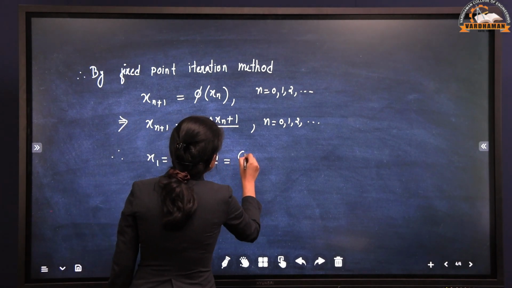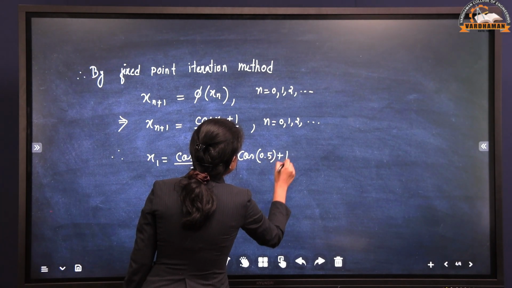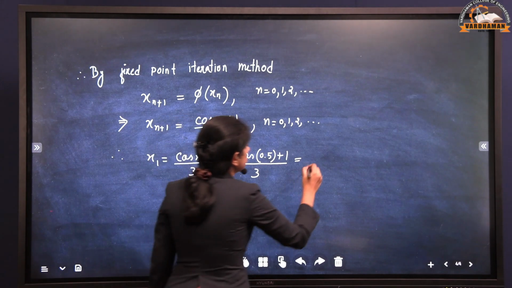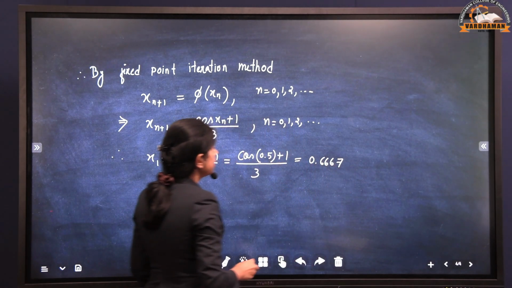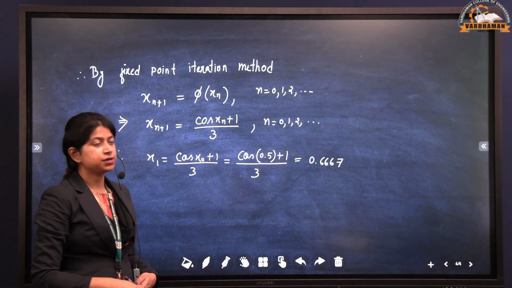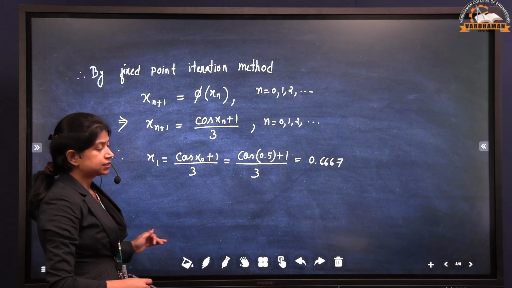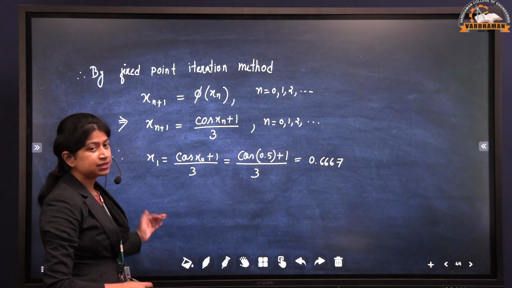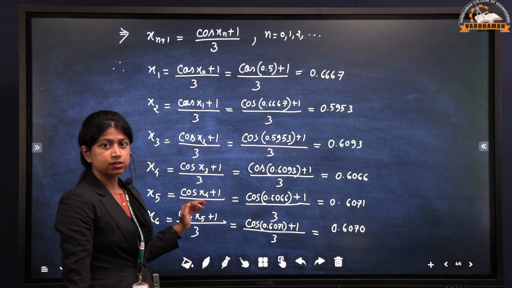Cos of what is x naught? x naught is 0.5, plus 1 by 3. So this will give you 0.6667. This is the first approximation x1. Similarly, we will get the successive approximations x2, x3, x4, x5, x6.